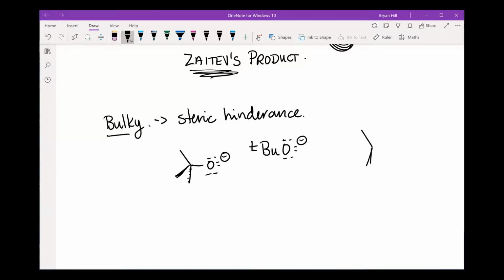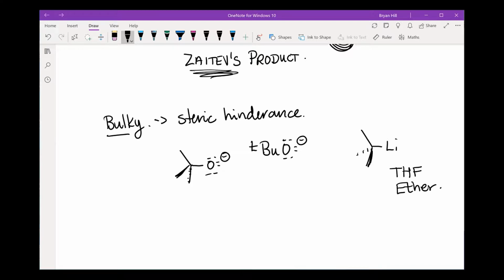This is a bulky base, except it's a carbon bonded to lithium. This is the most basic base there is, and it's so reactive you need to use an aprotic solvent. So usually you use this in THF or ether.